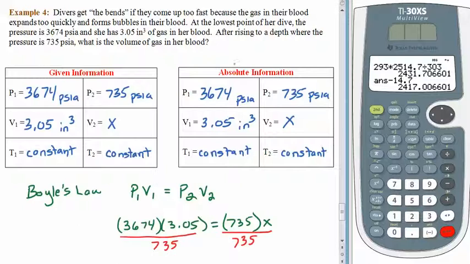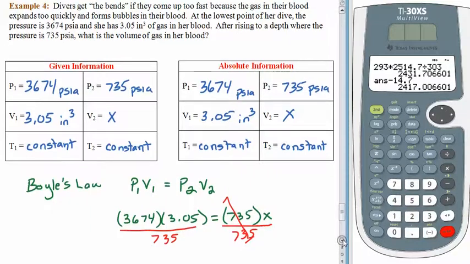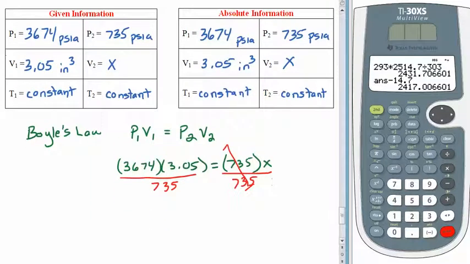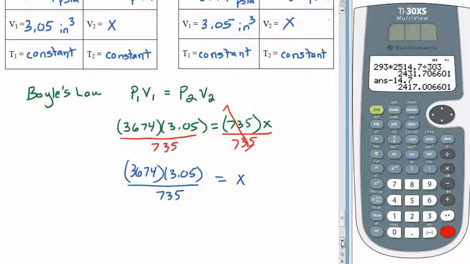Hopefully you've recognized that all that needs to happen is to divide both sides by 735. I need a little more space. There we go. So x is equal to 3674 multiplied by 3.05 divided by 735, and we'll do that on a calculator.